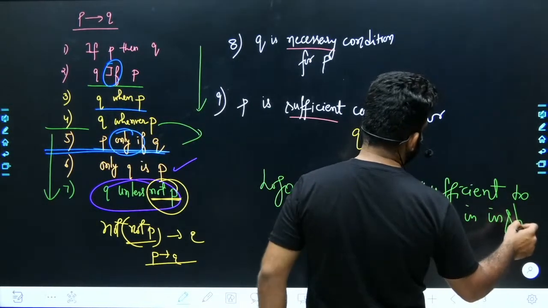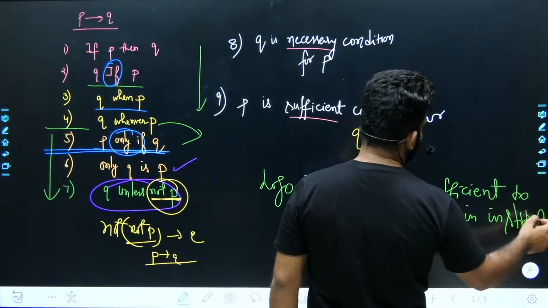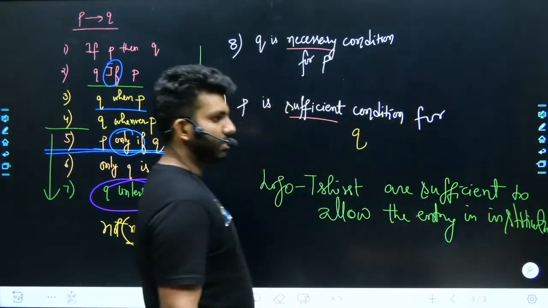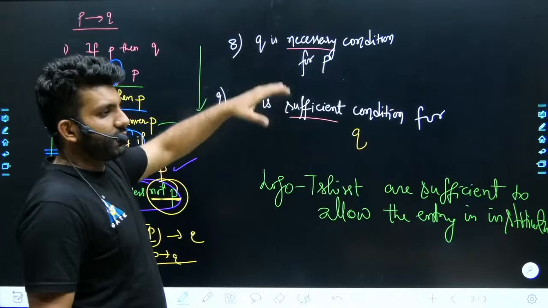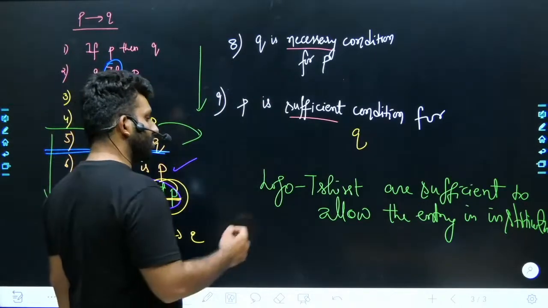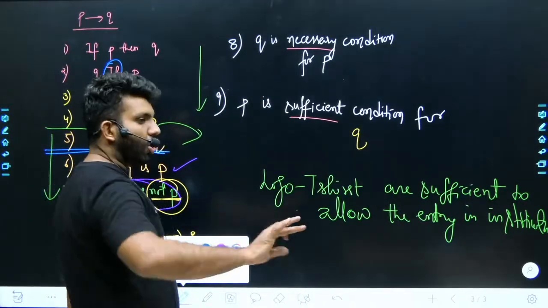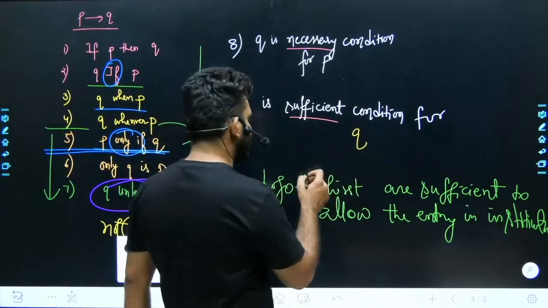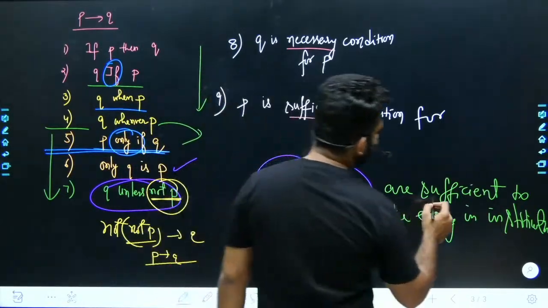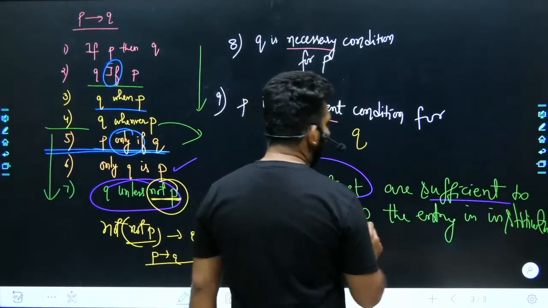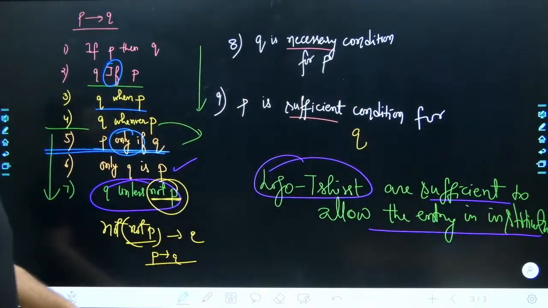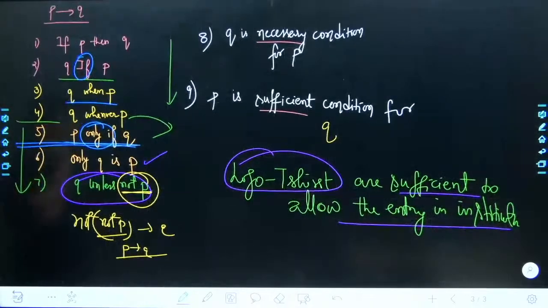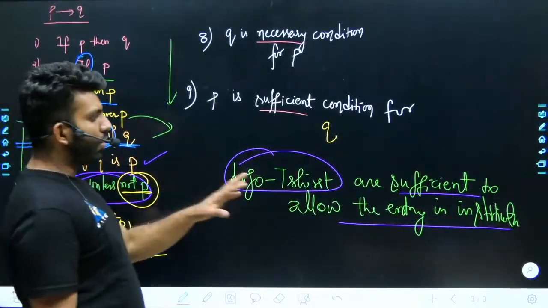Now just understand this thing. If you'll be able to understand, then we'll be comparing these two. This is very important. I'm taking all the real life examples. Logo t-shirts are sufficient to allow the entry in the institution. Let's understand this properly.